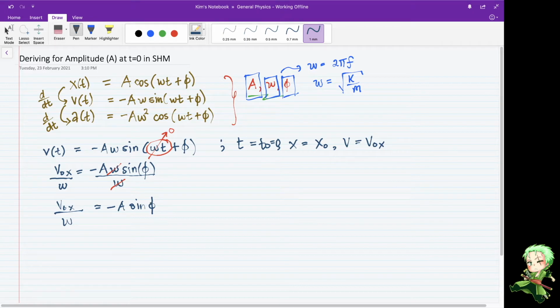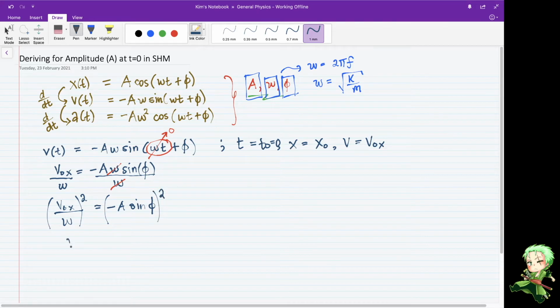Now, I would like to remind again that our goal is to find the amplitude A in this case. So what we are going to do next is square both sides. Squaring both sides would yield this result.